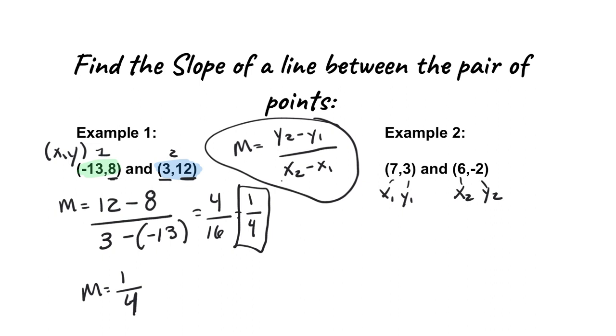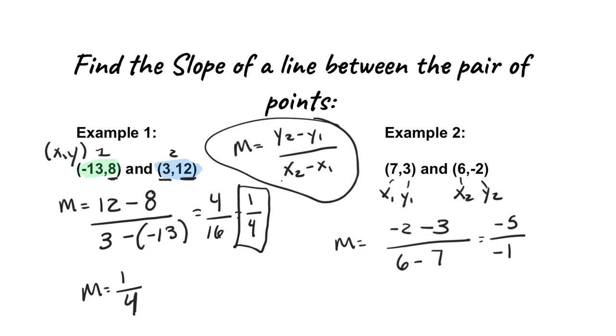So y2, which is negative 2, slope equals negative 2, minus y1, which is 3, over x2, I have a 6, minus x1, which is 7. So negative 2 minus 3 gives me negative 5. And 6 take away 7 gives me negative 1.